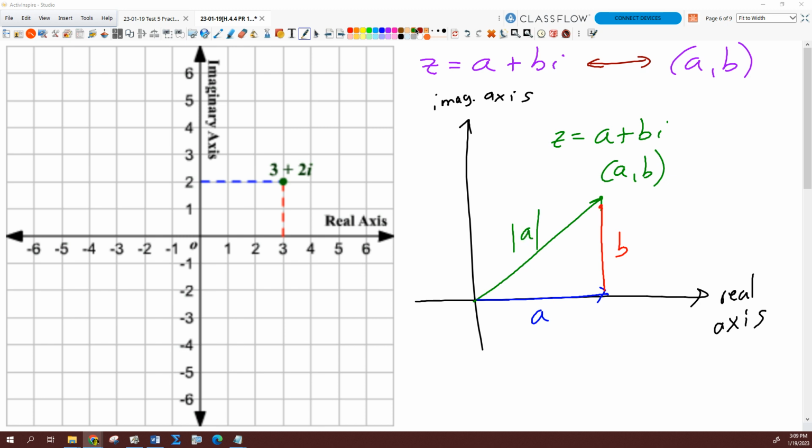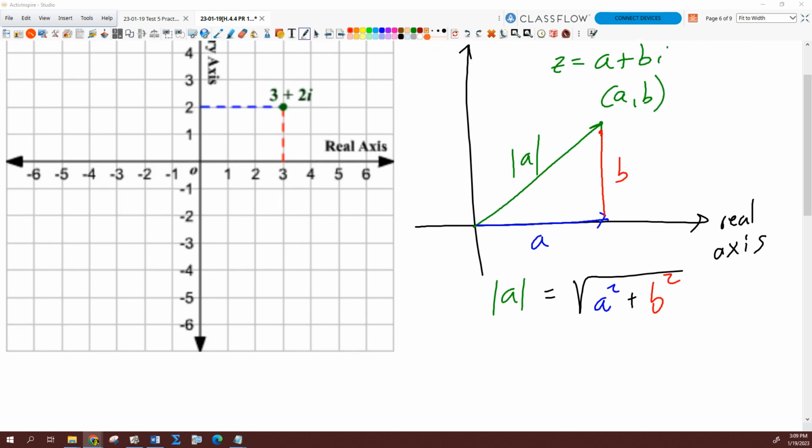By the Pythagorean theorem. Because isn't the modulus, by definition, just equal to the square root of a squared plus b squared? Isn't that what we get from the Pythagorean theorem?